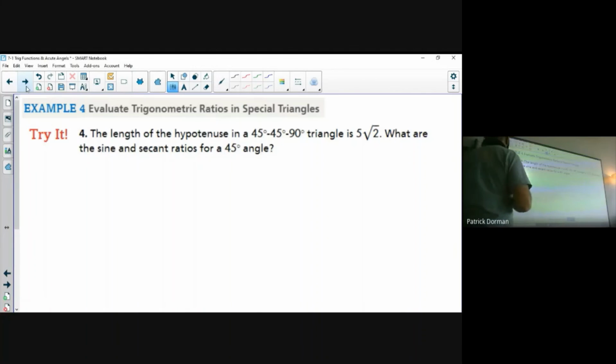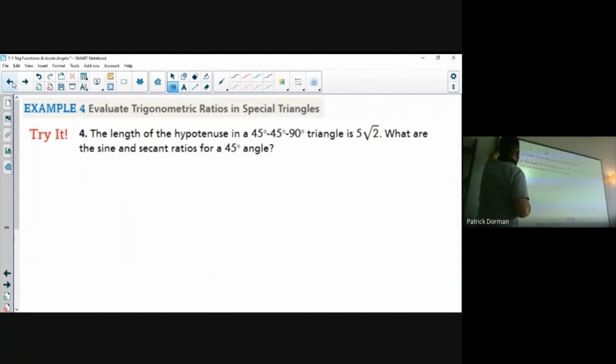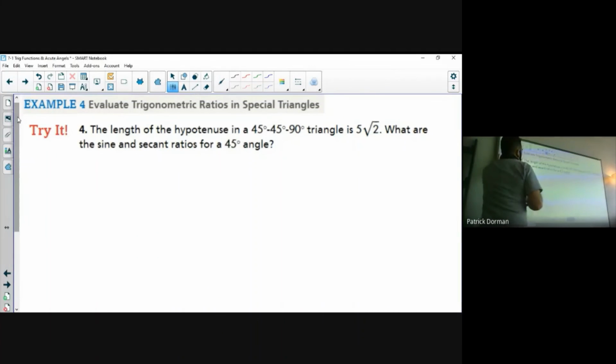All right, so let's go ahead and do one real quick. So this is an isosceles right triangle, promise, even though I draw quite poorly.